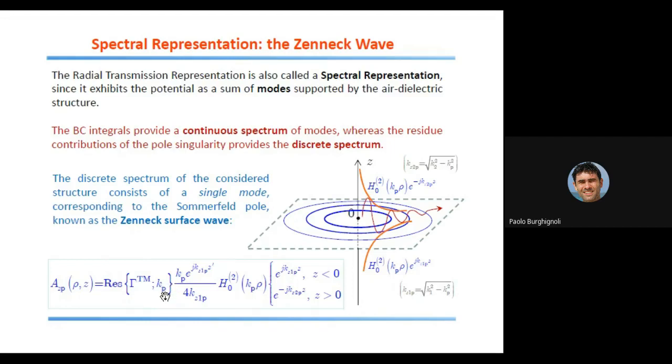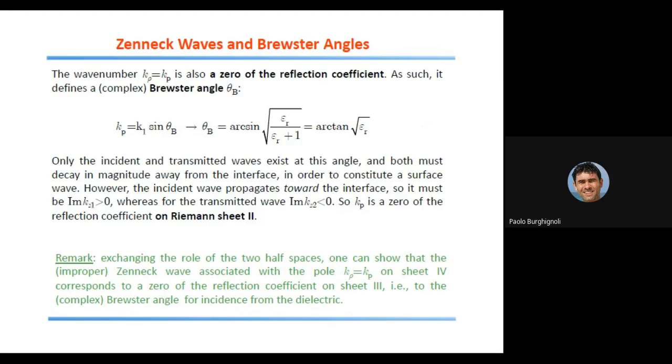Sommerfeld pole. It is interesting also to note the relation between the Zenneck waves and the Brewster angle, as we noted that the wave number of the Sommerfeld pole is also a zero of the reflection coefficient located in a different Riemann sheet. Then we can introduce explicitly the Brewster angle by representing the wave number kp of the pole as k1 times the sine of theta b.